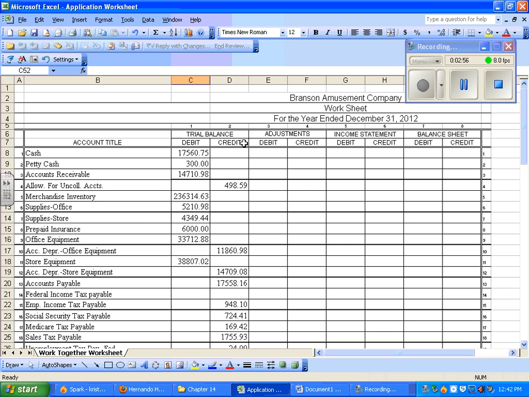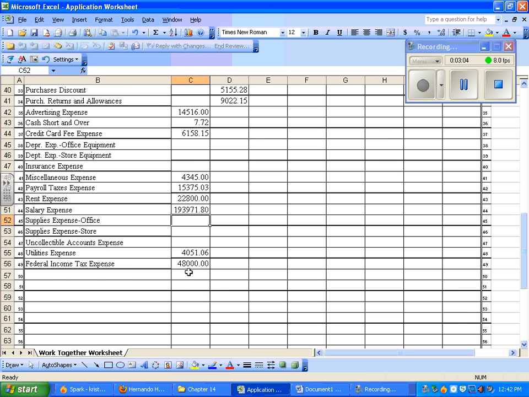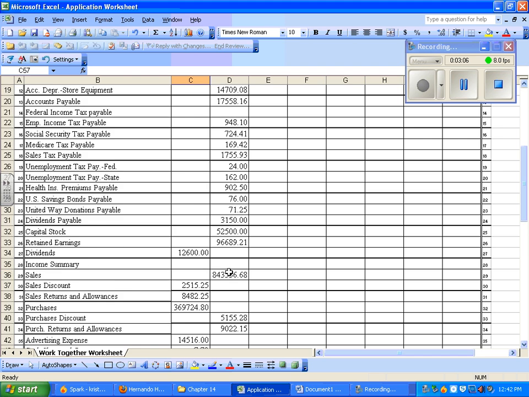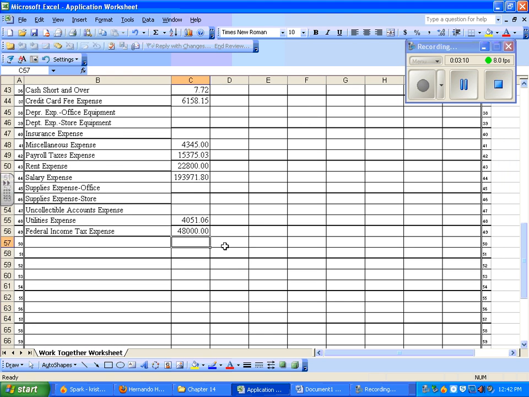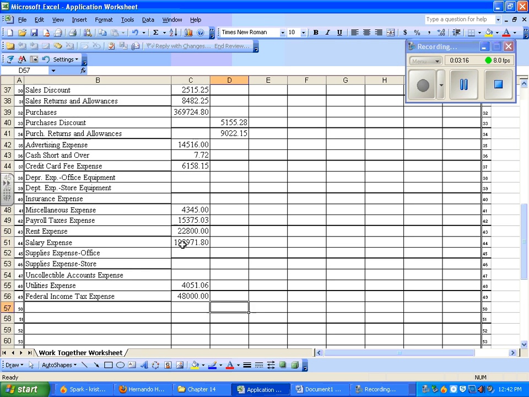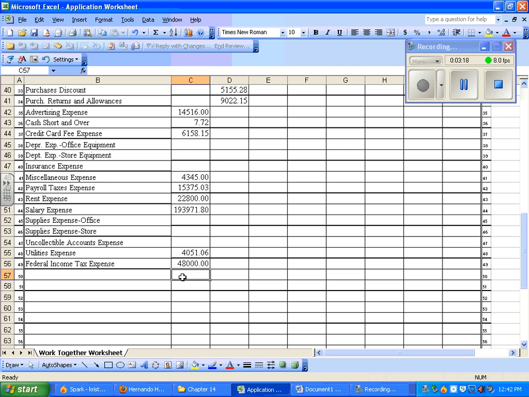Okay. Your next instruction is to total, prove, and rule the trial balance. The trial balance is these first two columns of the worksheet. To total, prove, and rule, you need to add up every number in the debit column, put the number right here, and then add up every number in the credit column, put it right here, make sure they equal. Do not, although I know most of you will want to do this, add up one column, write the number here, and then just write the same number right here.